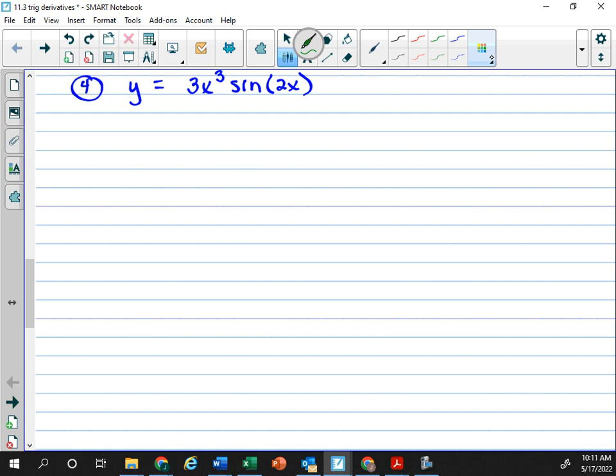What do you see, guys? Product rule, yes. And it's this whole thing, this whole 3x cubed times the sine of 2x. There are the two things you're multiplying together. Take your time going through. It's going to take you a minute.